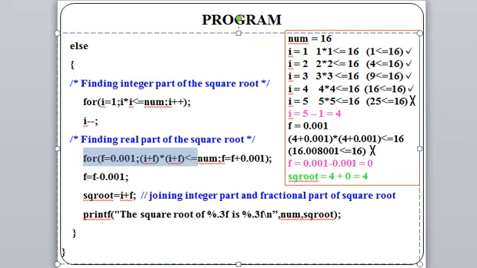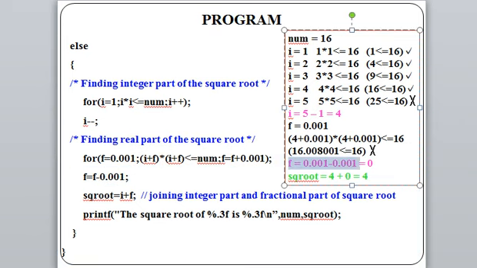Now after that this for loop is skipped from here, and f is reduced by 1. So what was added to f was 0.001, it is subtracted, then it becomes 0. So the fractional part f is 0.